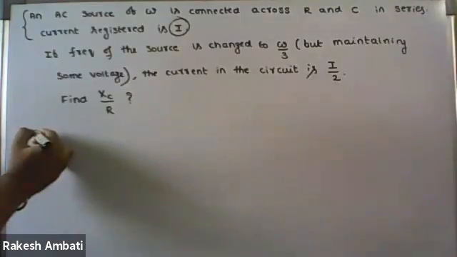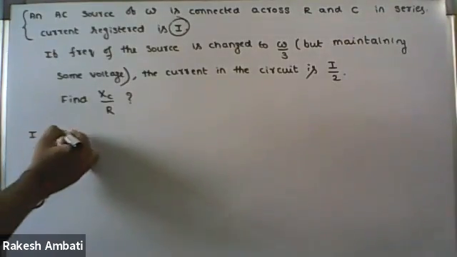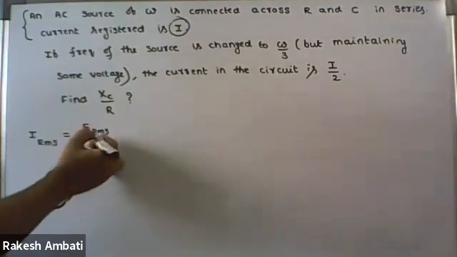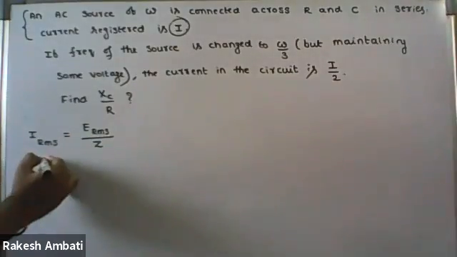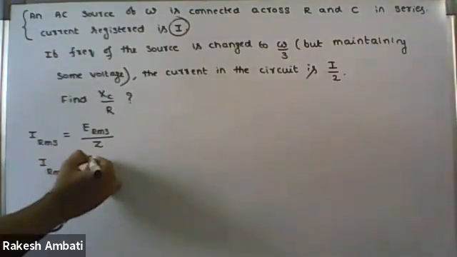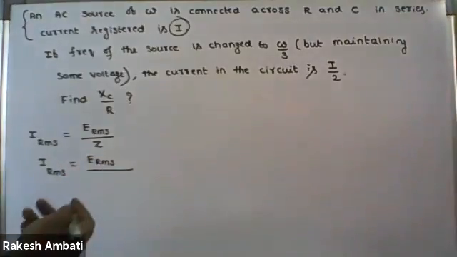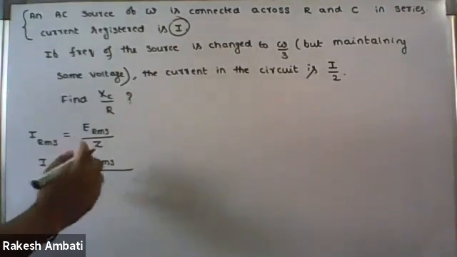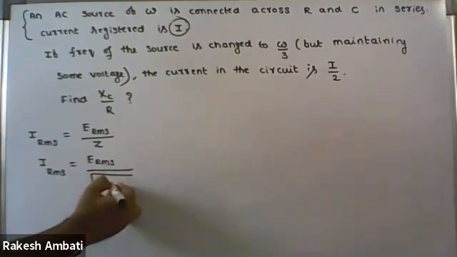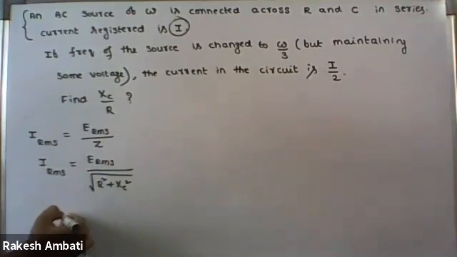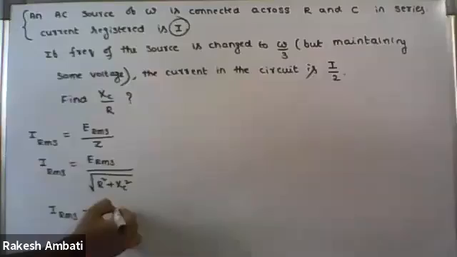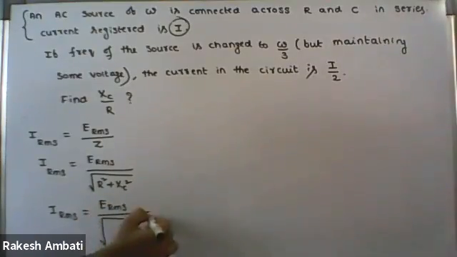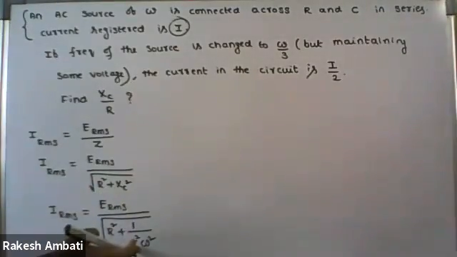The general formula is IRMS equal to ERMS upon Z. The given circuit is a CR circuit, so Z is root over R square plus XC square. In the place of XC square, we are writing 1 by C square omega square.